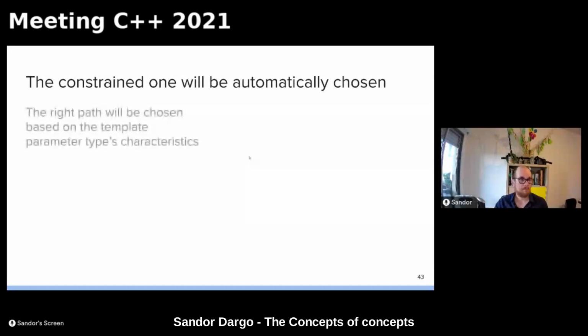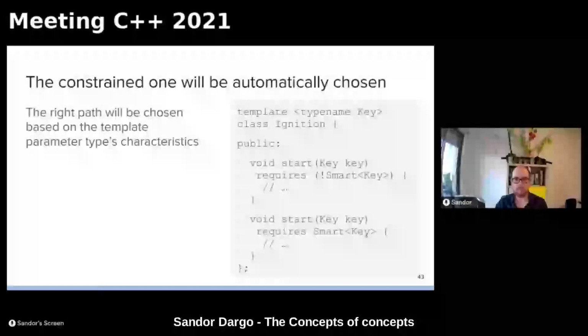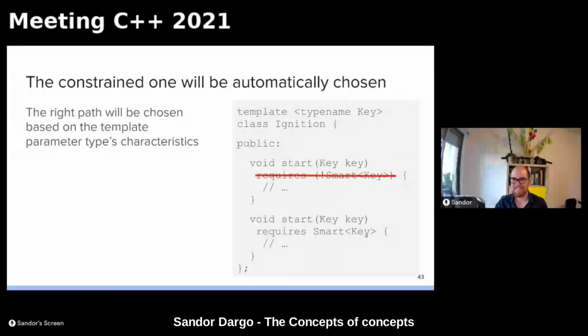And the compiler will always automatically choose the right path based on the template parameter types' characteristics. So here, you see that we have an overload where we say that key should not be smart, in the other one we say that key should be smart. So this is not the way to go. You should not write this.